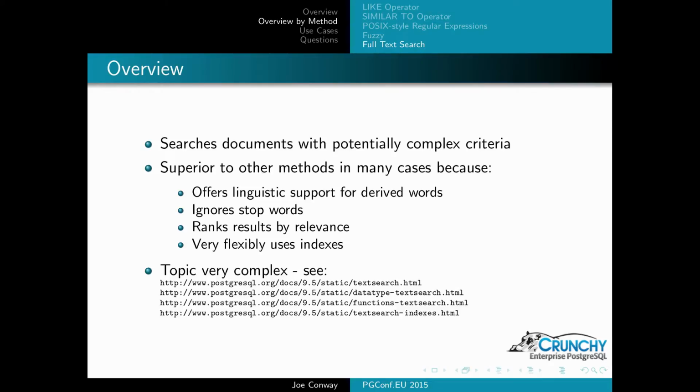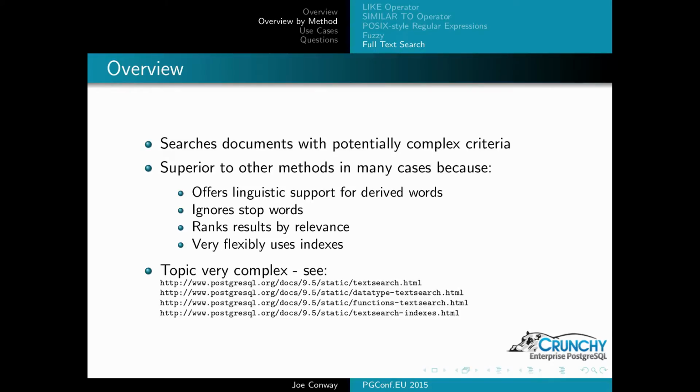There are functions available for doing ranking by relevance. So somewhat like what we just saw with the similarity, it will do a calculation on relevance of the result to the pattern that you're trying to match, and then it provides functionality for you to do ranking on those, and we'll show, at least an example of that. And it does very flexibly use these special GiST and GIN indexes.